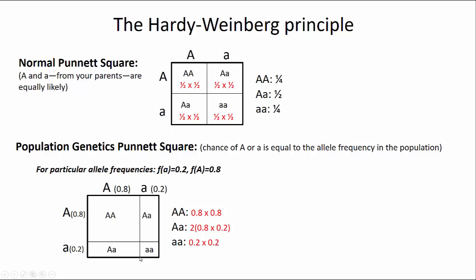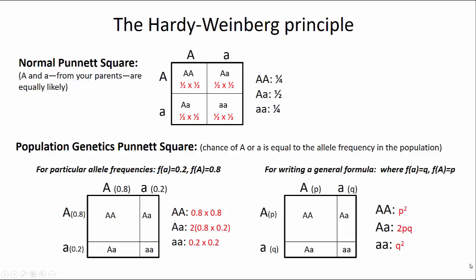If the frequency of little a is 0.2 in a particular population, then the chance of getting two of them is 0.2 times 0.2. Last one is the heterozygote, and there are two different ways to be a heterozygote. For this one box, we would say the chance of big A is 0.8, the chance of little a is 0.2, and we would multiply those together. But there are two ways to be heterozygous, and so we can calculate the probability of that by simply multiplying 2 times 0.8 times 0.2.